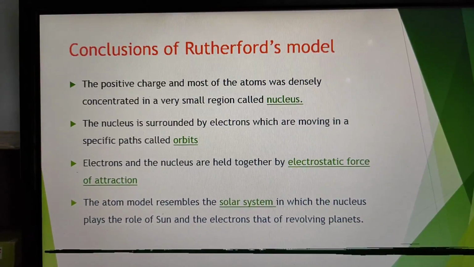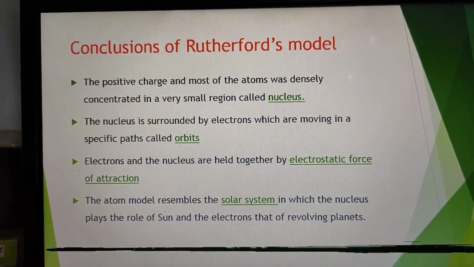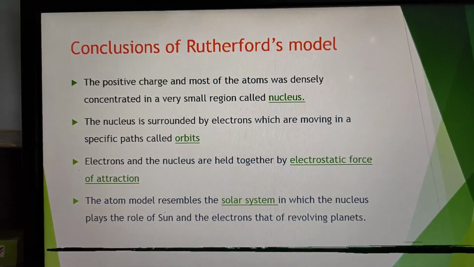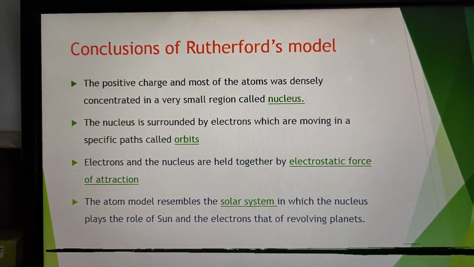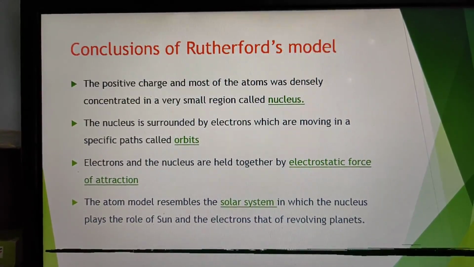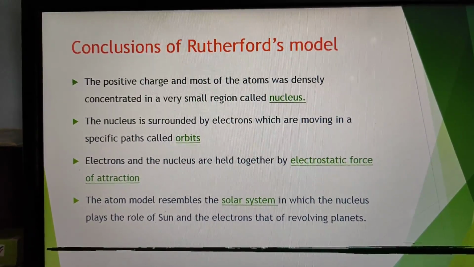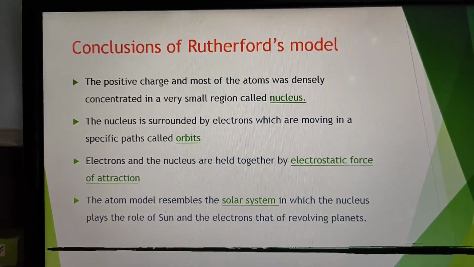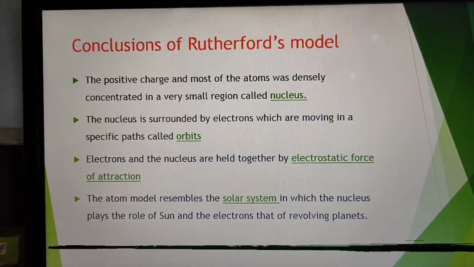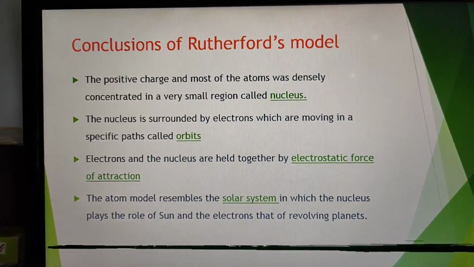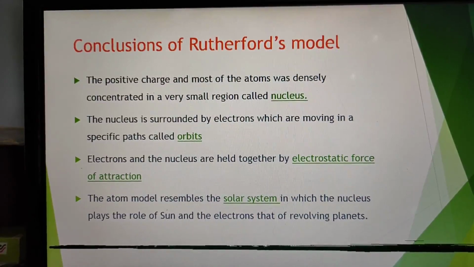We already know what the solar system is. The sun is in the center and the planets are revolving around the sun. So we can compare Rutherford's model with the planetary model. That is, in place of the sun, the nucleus plays the role of the sun and the electrons play the role of planets.